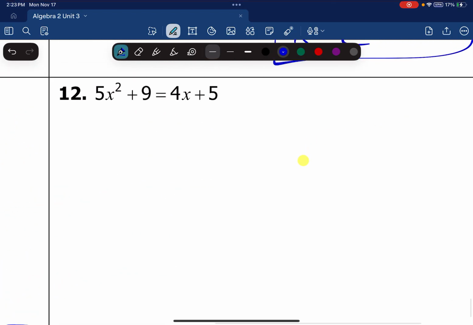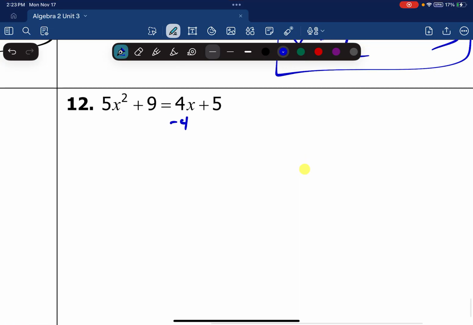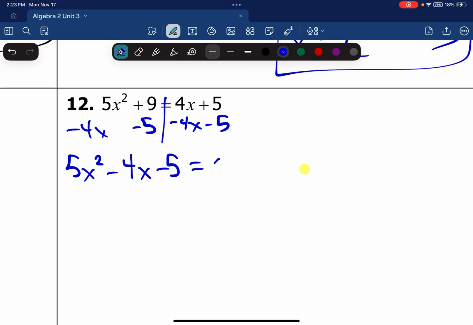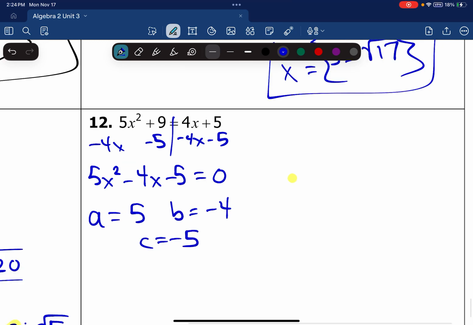All right, last one. Move everything over. So we've got to subtract the 4x, and we've got to subtract the 5. So I've got 5x squared minus 4x minus 5 equals 0. Here, a is 5, b is negative 4, c is negative 5.